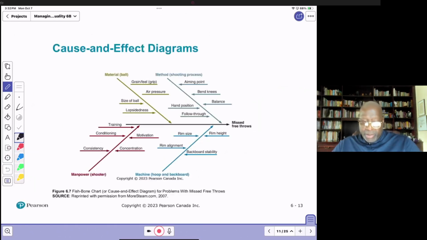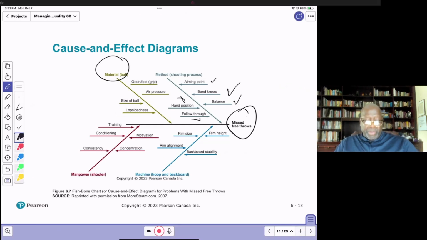Cause and effect diagram, I talked to you about. So if you look at a basketball game, I presume that is free throws. What are some potential causes of that? On the method side, your shooting process, the aiming could be off, knees not bended, poor balance, hand position, not very good follow through.